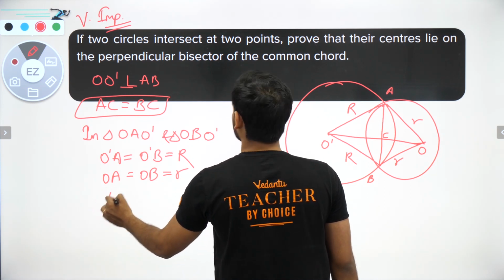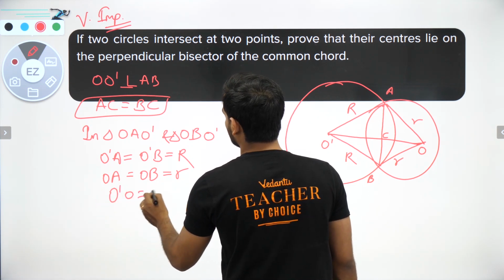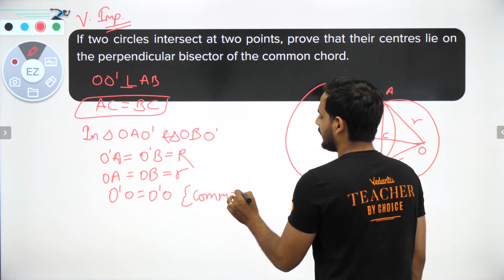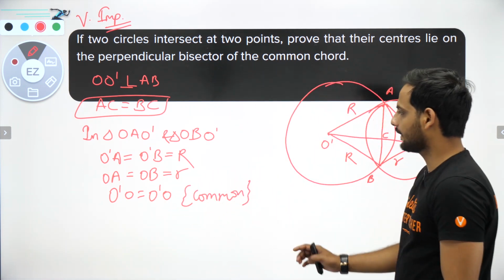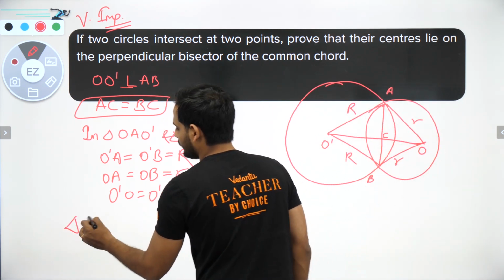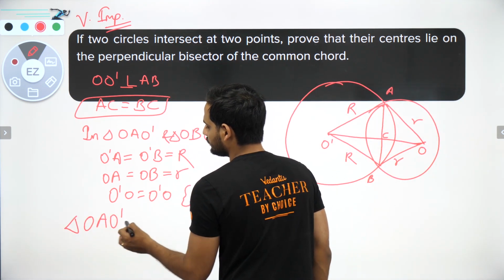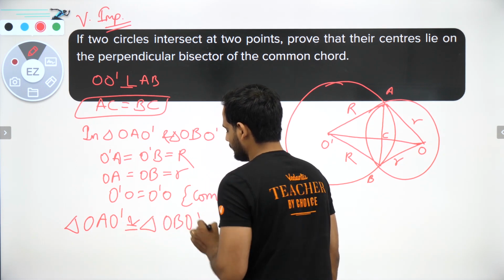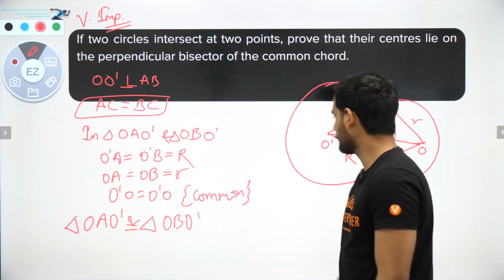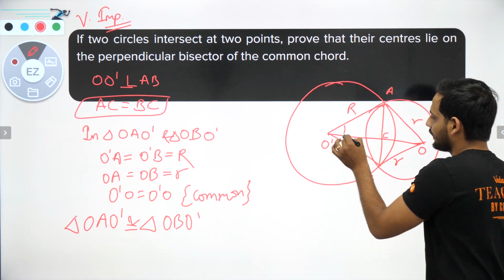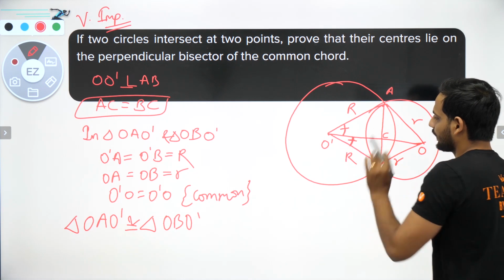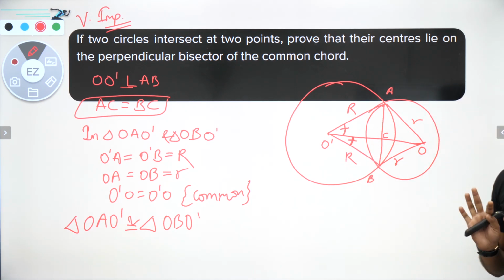And the last thing you know, O dash O is equal to O dash O because it is common. So now I have proved that triangle OAO dash is congruent to triangle OBO dash. If these two are congruent, I can clearly say that this angle must be equal to this angle, right? I have got what I needed.